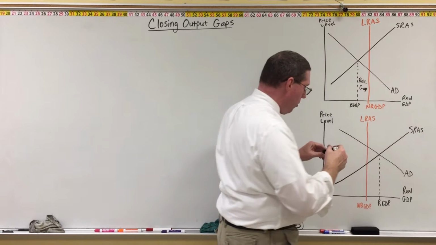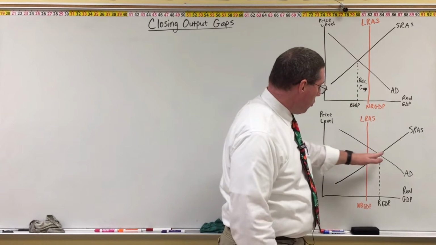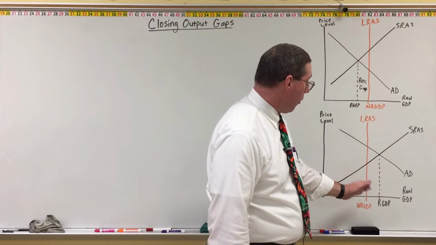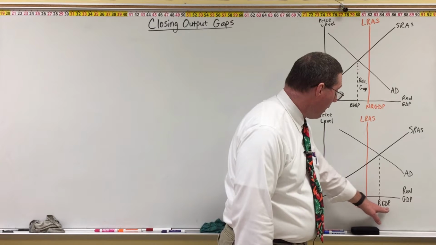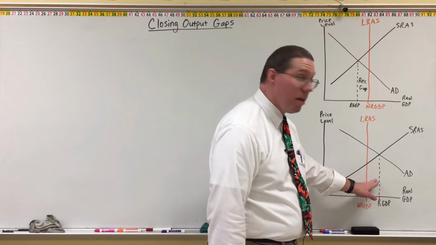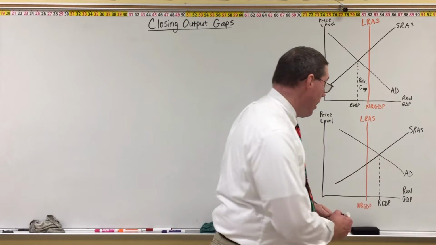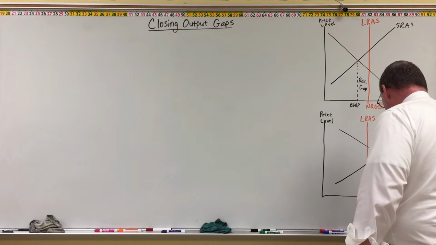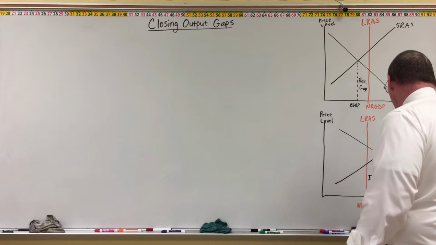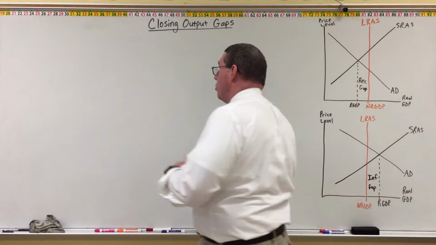And now down here, alternatively, when the short-run equilibrium is to the right of the long-run aggregate supply curve, our real GDP is higher than natural real GDP, and so this is an inflationary gap in the economy. So put INF gap.